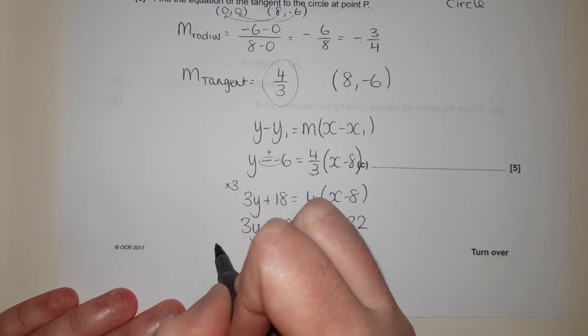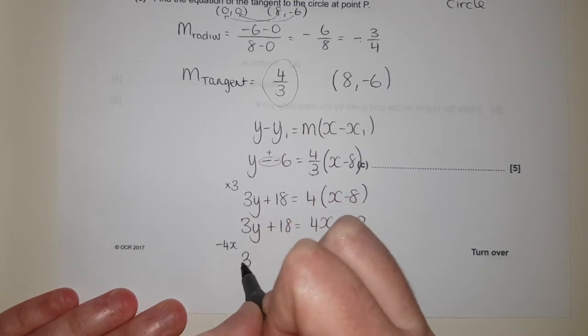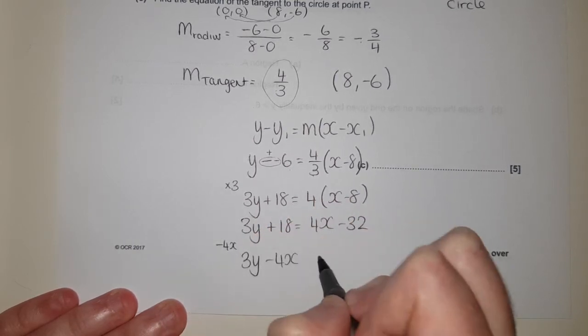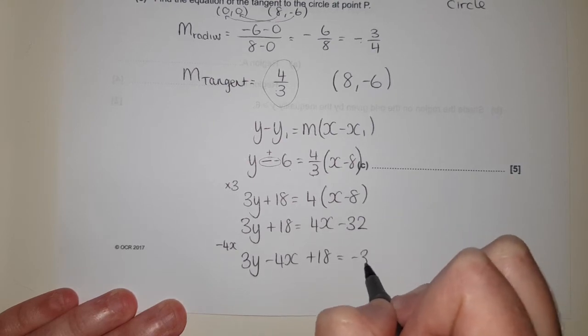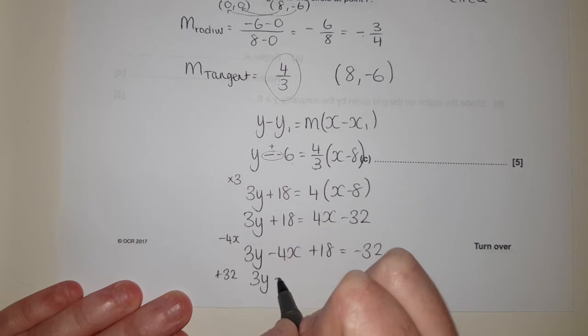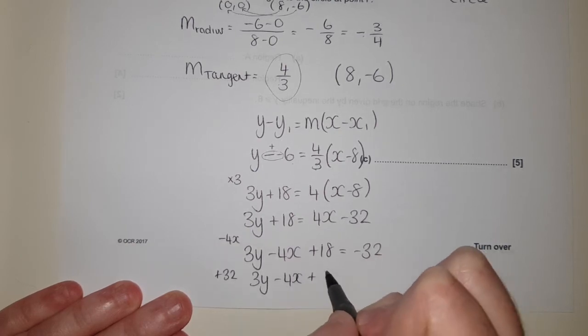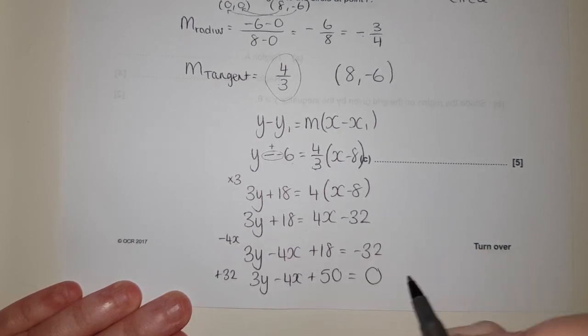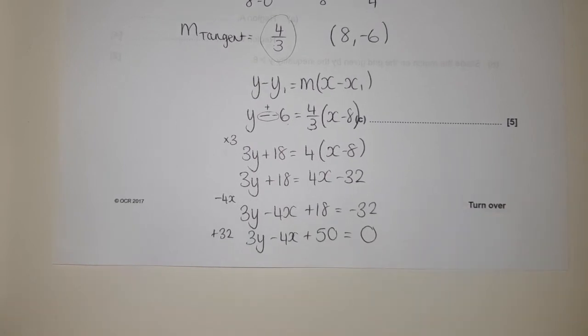Then we subtract 4x from both sides. So I've got 3y minus 4x add 18 equals minus 32. And we're going to add 32. I get 3y minus 4x add 50 equals 0. There you go. I've got my equation of my tangent.